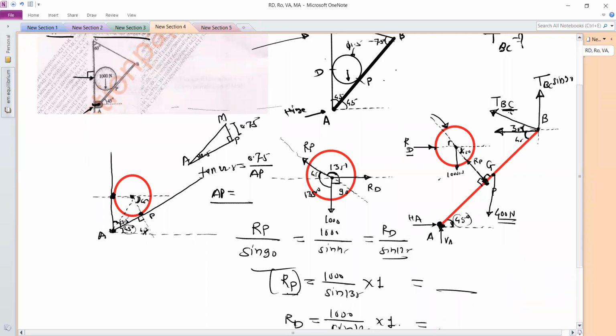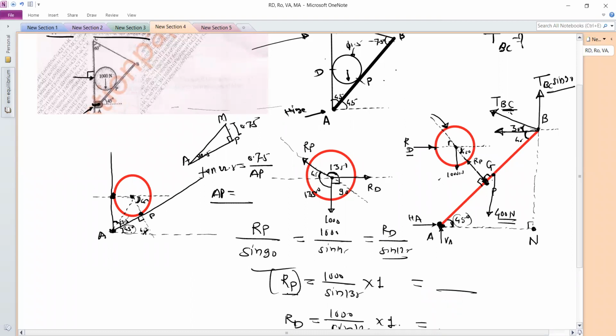So first extend this line and extend this line. So this is perpendicular distance for this component. So let us take this N. So AN is the perpendicular distance for y component, and this BN is the perpendicular distance for this x component.